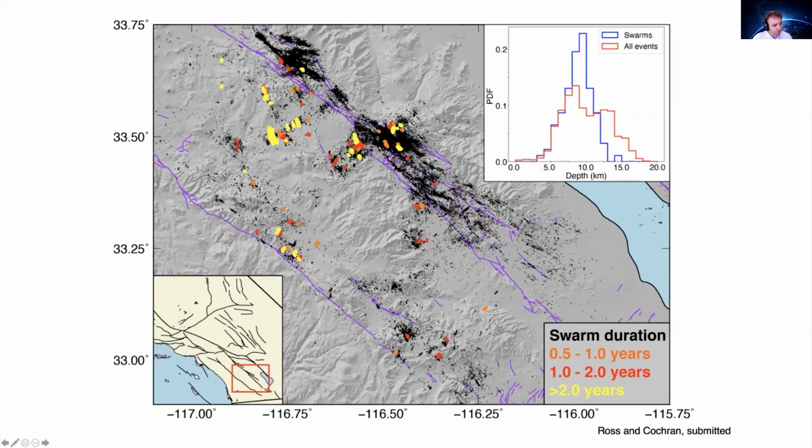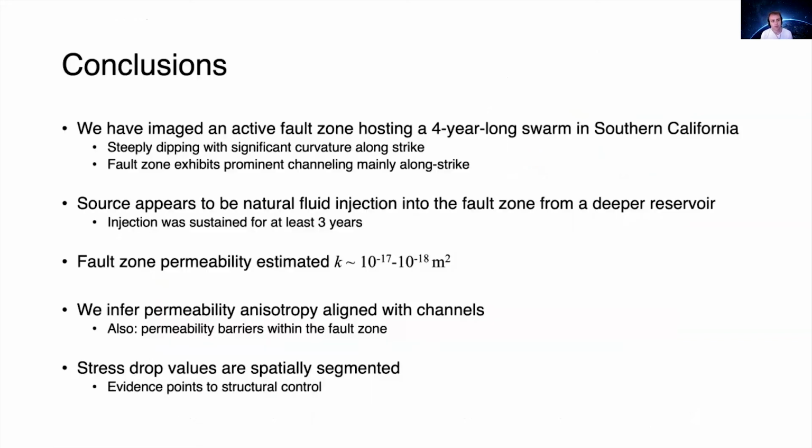So to conclude, we have imaged this active fault zone in Southern California hosting a 4-year-long swarm. We've been able to see important details about the geometry of the fault zone. It's steeply dipping in some places and it has quite substantial warping of the curvature along strike on short length scales. The fault zone seems to have prominent channeling that's mainly along strike, but sometimes along dip.